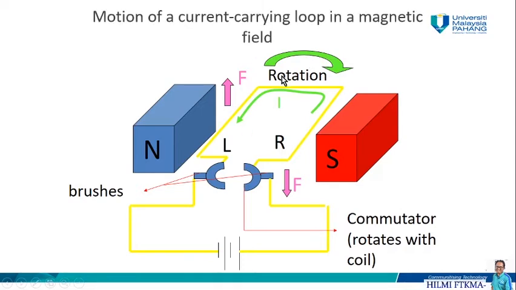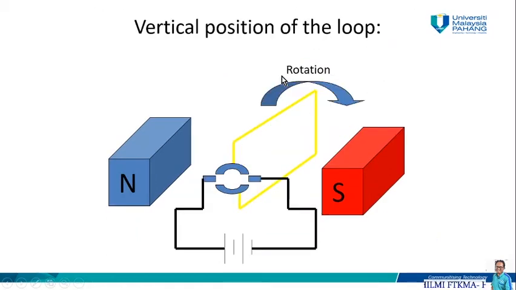This circular motion is going to be very useful in making a motor. So in a vertical position, the armature will be in this position, where it will continuously spin, and I'm going to explain the basics of a motor in the next slide.